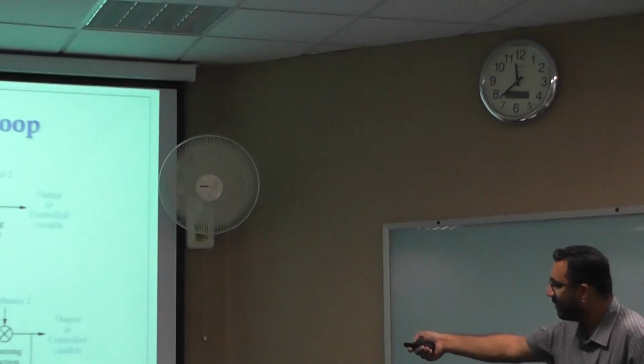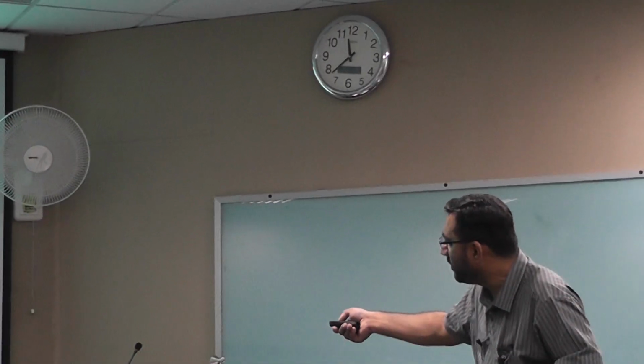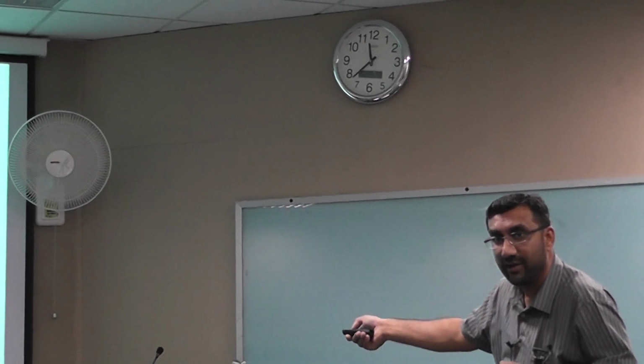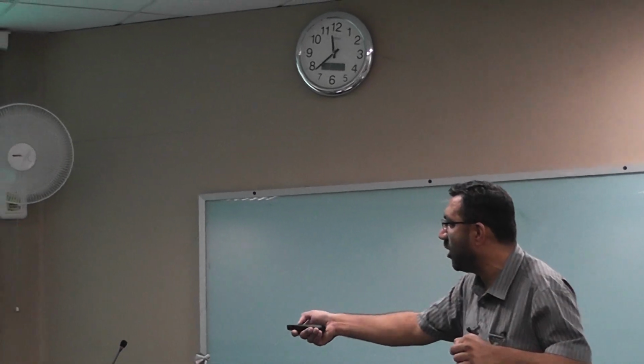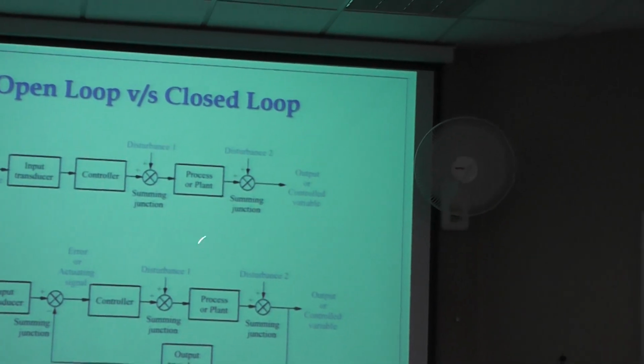Ideally, the error becomes zero when I reach there, which is the case, unless I have disturbances. When I have disturbances, the output will not be exactly that, but there will be some signal coming in. That means there will be an error. So although we had output minus input zero in the beginning, since there was a disturbance, that disturbance is now acted upon in a feedback way, but that was not possible here.